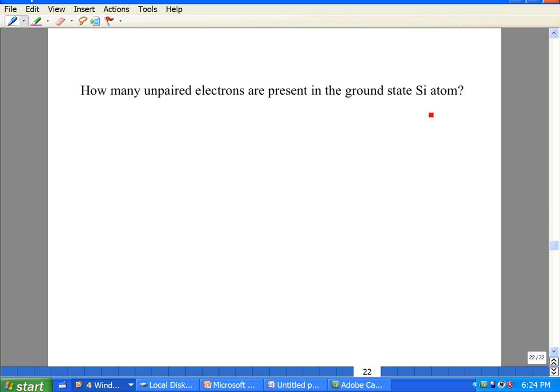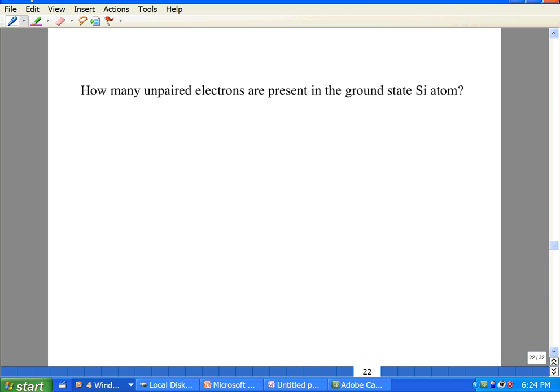Okay, it asks us how many unpaired electrons are in the ground state silicon atom. I'm not really going to do that one for you because I've done a whole bunch of electron configuration and orbital notation.